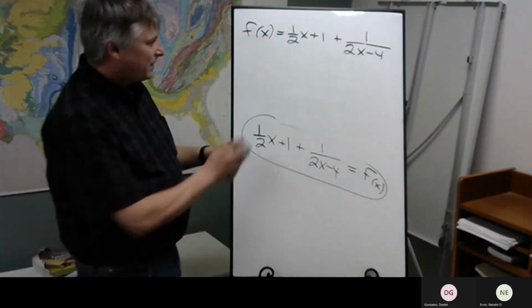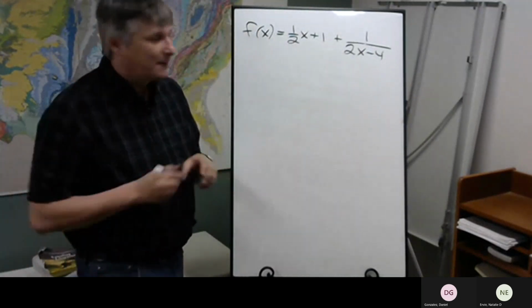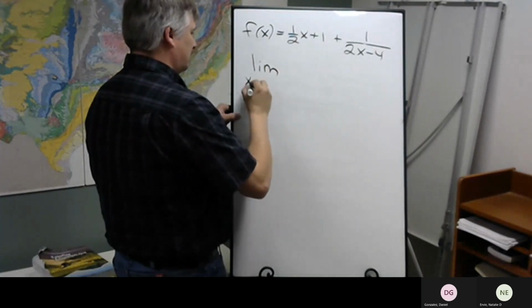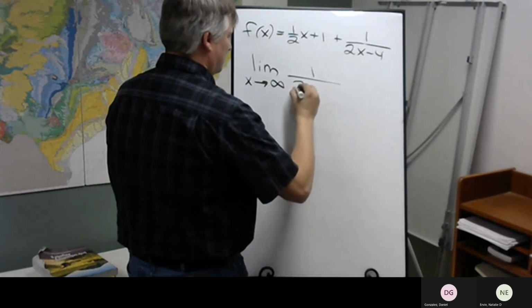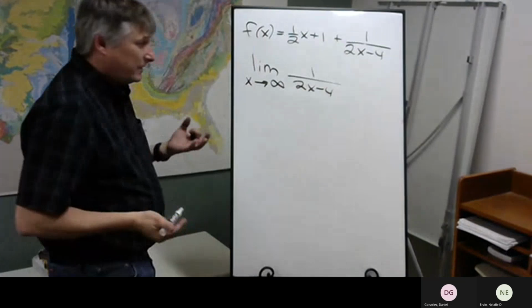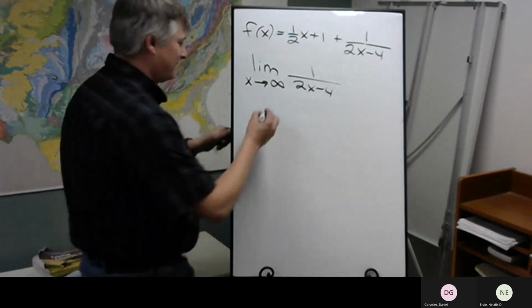So what happens to this as x goes to infinity? Again, we can divide by x everywhere, the largest power of x.